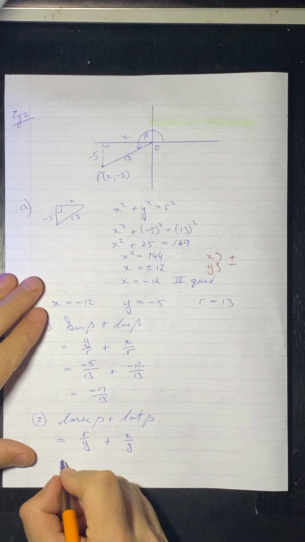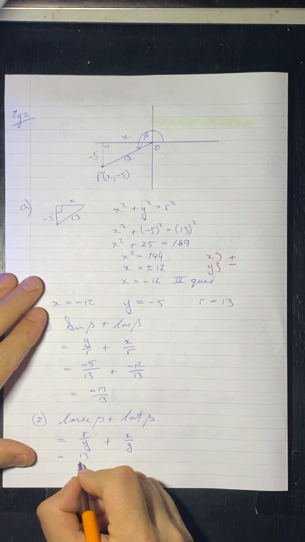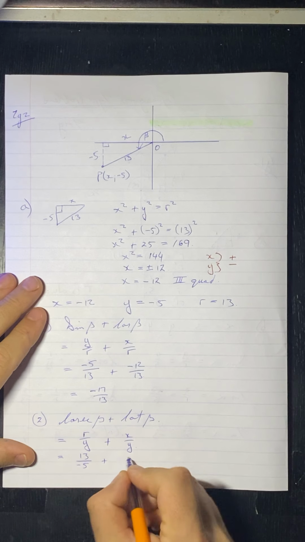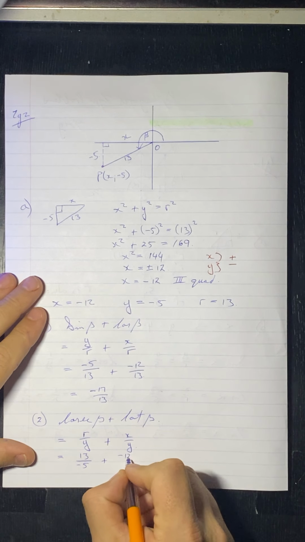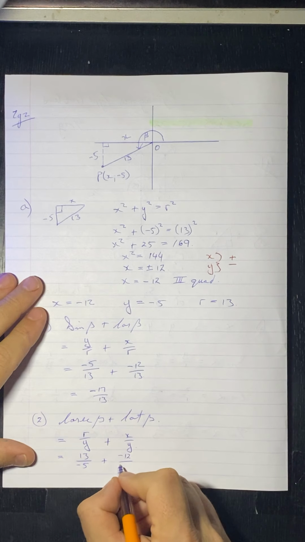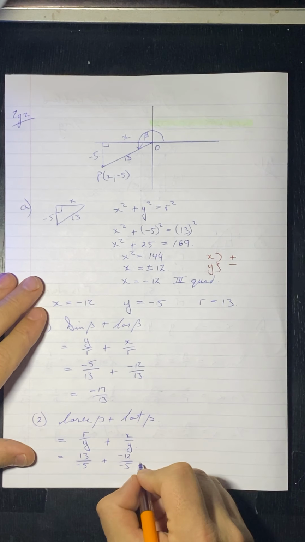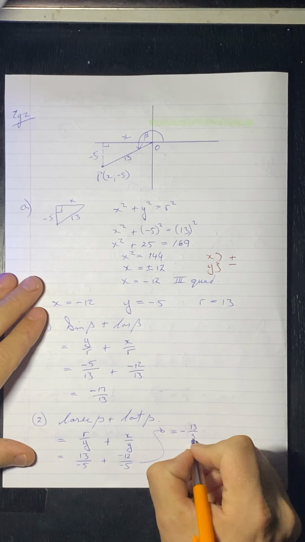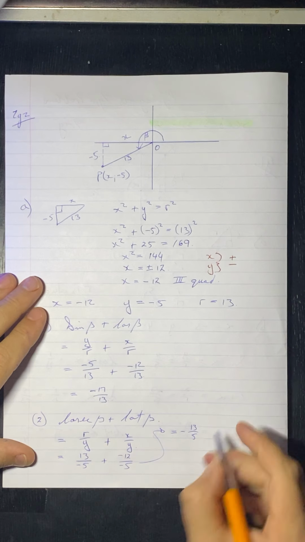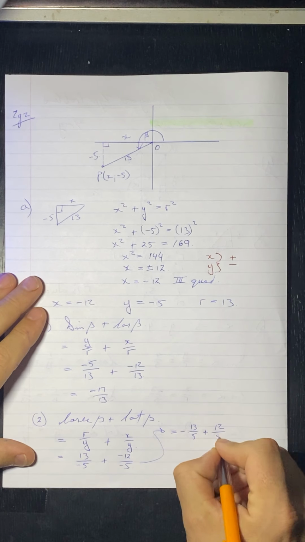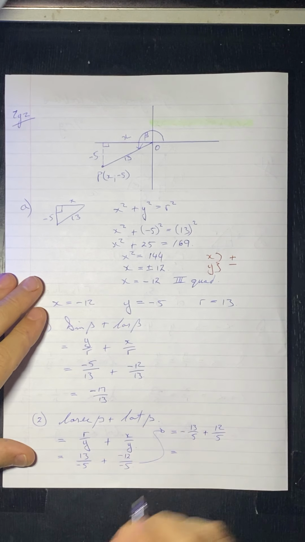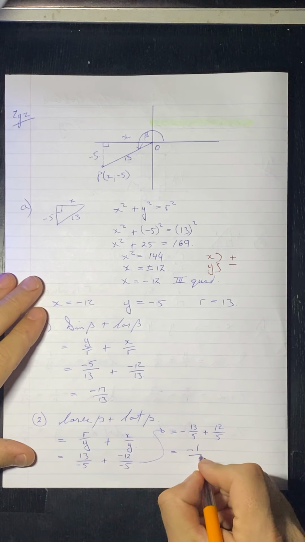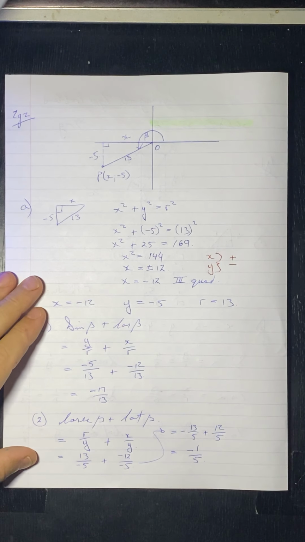Substitute our values in: r is 13 over y is minus 5, plus x is minus 12 over y is minus 5. Let me finish the sum off. This is minus 13 over 5, and the negative and negative gives us a positive, so we've got positive 12 over 5. They're both over the same denominator, so we just add the tops. Minus 13 plus 12 is minus 1 over 5. And there's our solution.